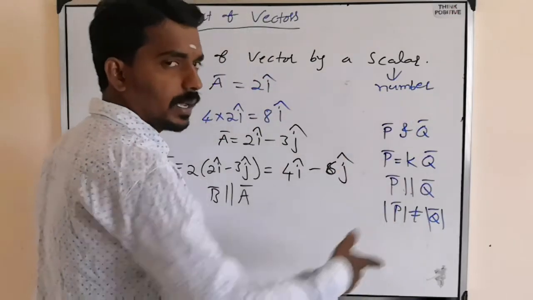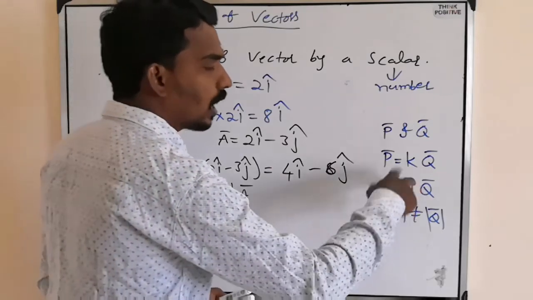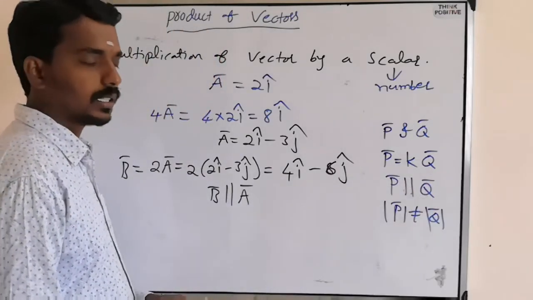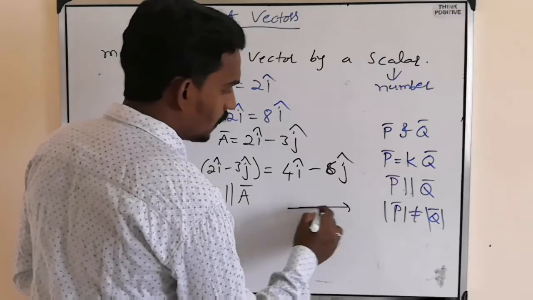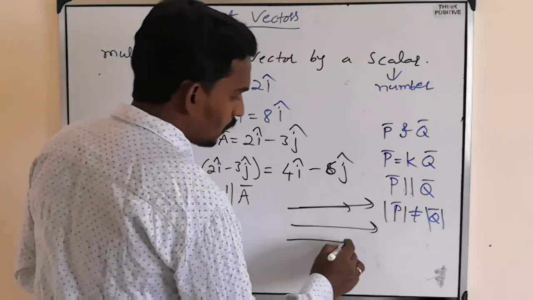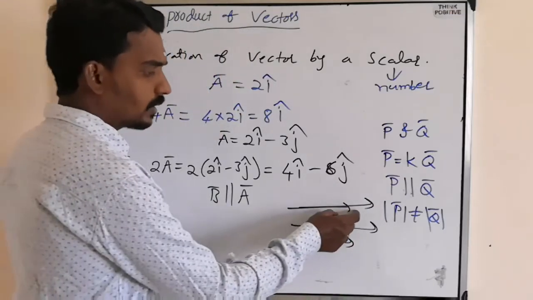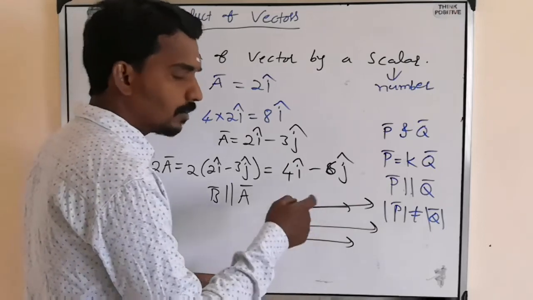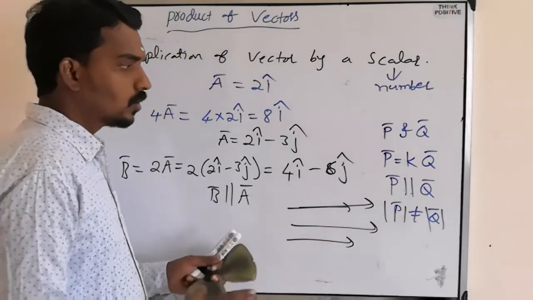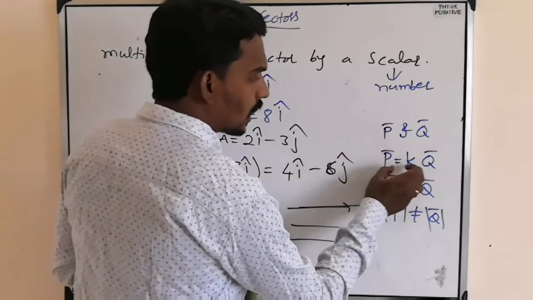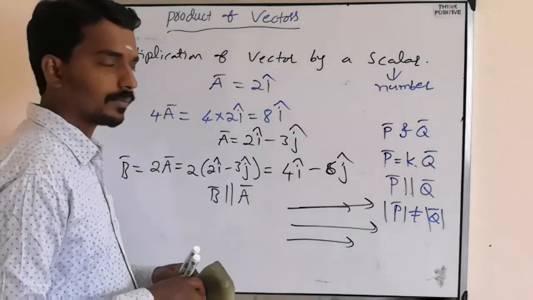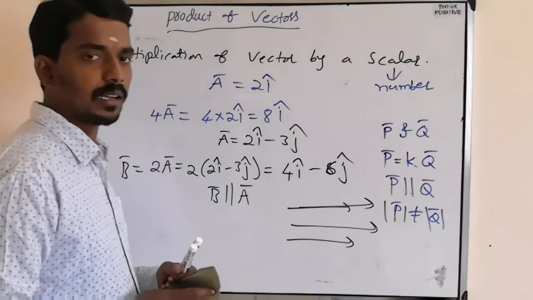Either both are in the same direction, or both are parallel to each other. They may be like this or they may be like this. This is along the same line. This is like they are parallel to each other. So whenever two vectors can be written like this, then they must be parallel.